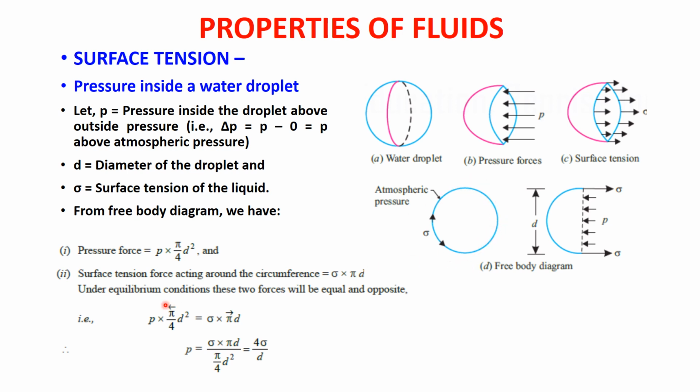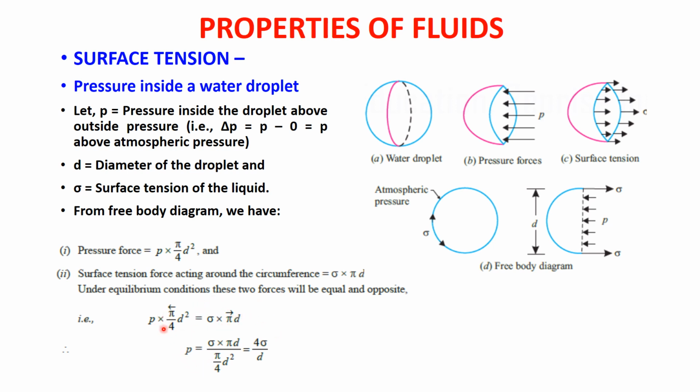Now see that for balancing of the fluid molecules, this pressure force is acting in the left hand direction, and this surface tension force is acting in the right hand direction to balance the water droplet. So we equate the two equations, the left hand side and the right hand side, to find the pressure inside a water droplet.